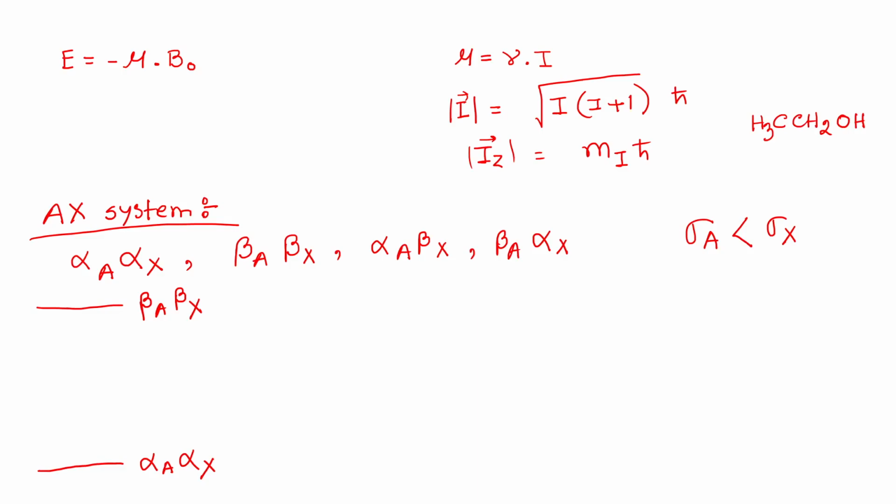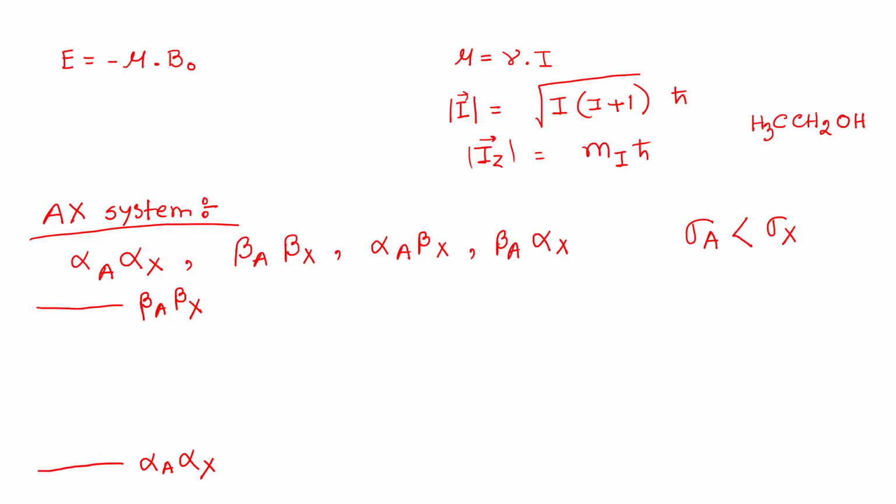I think it's like this, beta X will be lower in energy, and alpha X, alpha A will be higher in energy compared to when the magnetic field is present. Actually, all these states are degenerate when the magnetic field is not there.